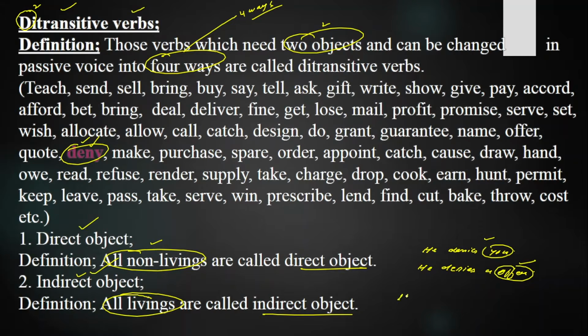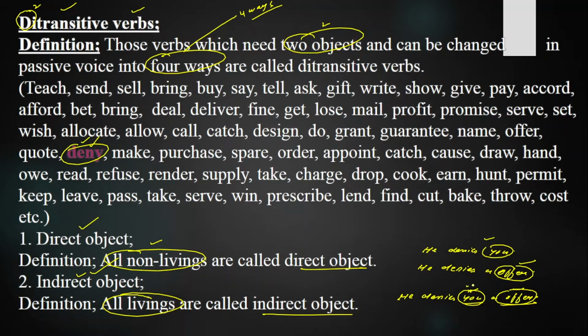Like I say, he denies you an offer. So this is the way to have both objects. He denies you what? An offer. He denies an offer to whom? To you. So both indirect and direct object are coming.